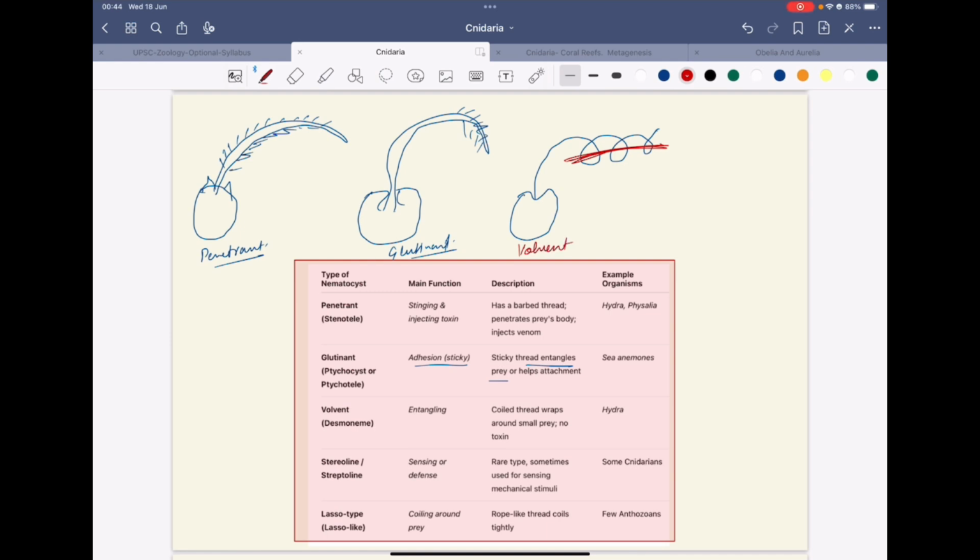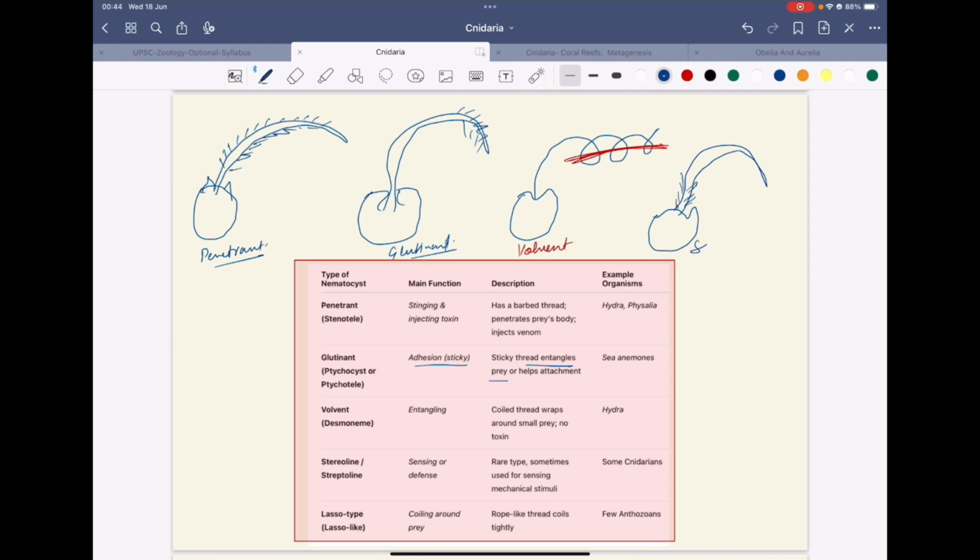After the volvent, we have the stereoline. Stereoline is helpful in detection. It is helpful in sensing and defense. It's a rare type and it's used for sensing mechanical stimuli. In general, it will have small barbs.